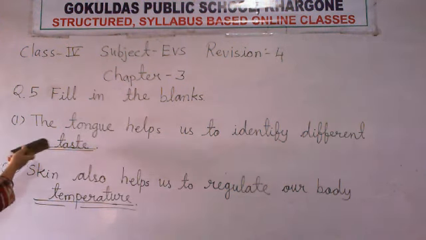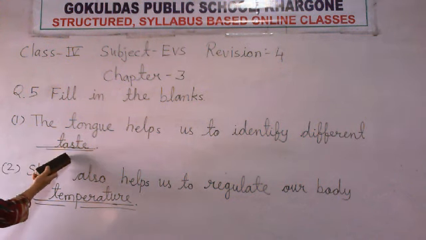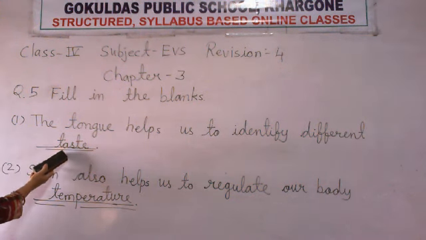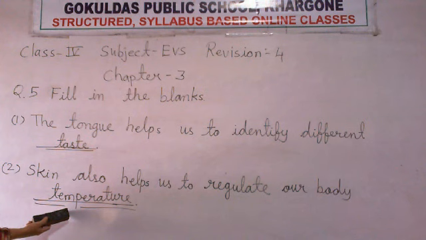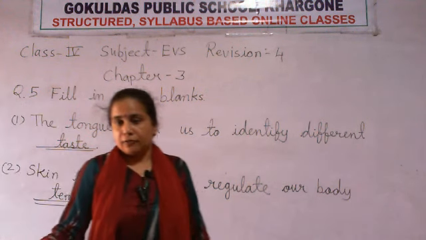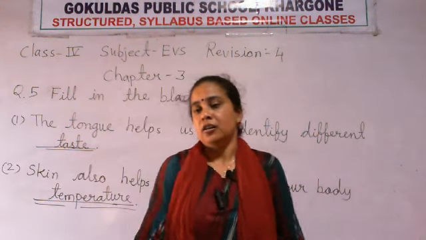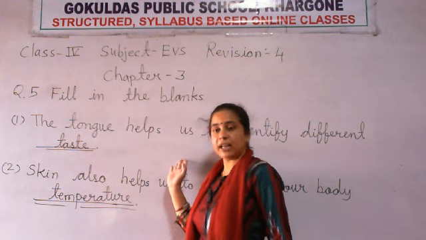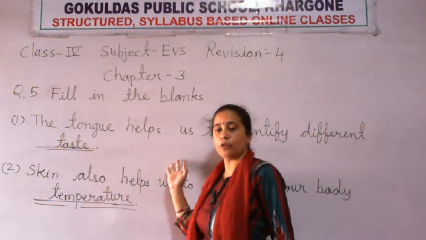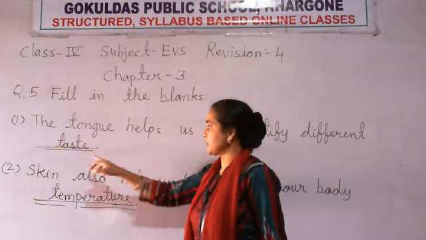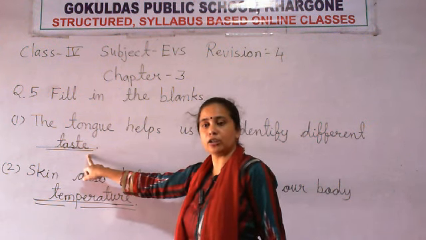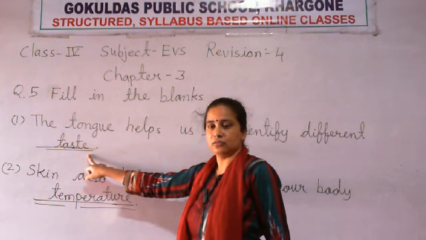Student, when you read the fill in the blanks, you have to learn the spelling. Taste, okay. Now temperature. Sometimes if we give fill in the blanks in the exam, how do you learn? You have to learn the spelling. Sometimes we do not give you any options.